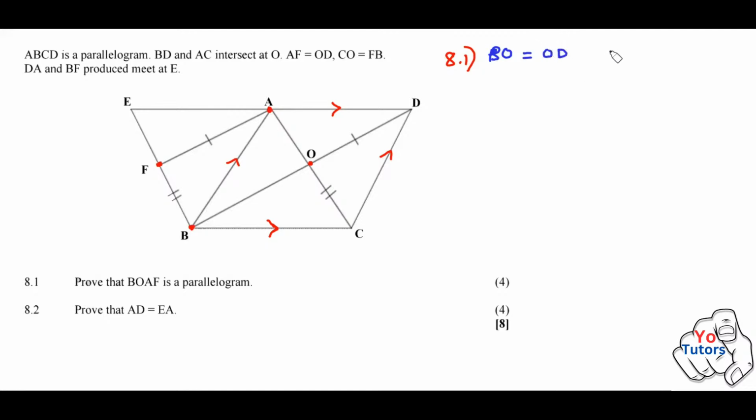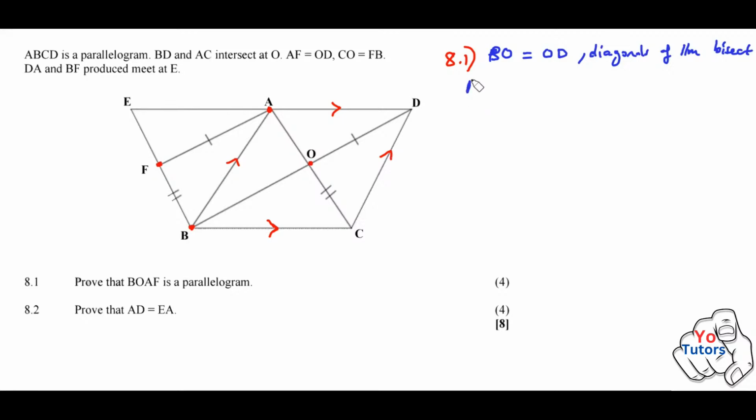Why? Diagonals of a parallelogram bisect. We are looking at this parallelogram here, but we are finding BO.